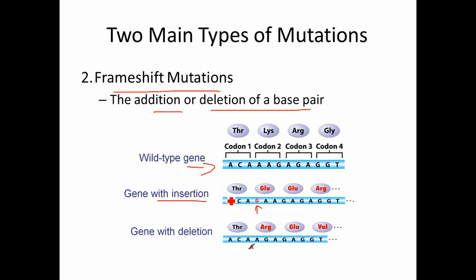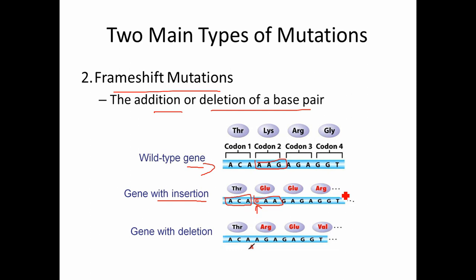This completely shifts the codon sequence. Here we have codon 1, which gets preserved, but now codon 2 is something completely different. Codon 2, which would originally code for a lysine, now codes for glutamic acid, which completely shifts how all the other codons are read.